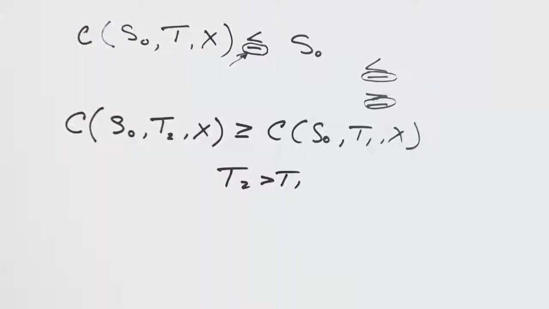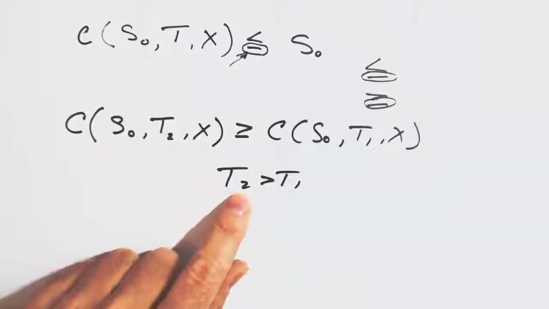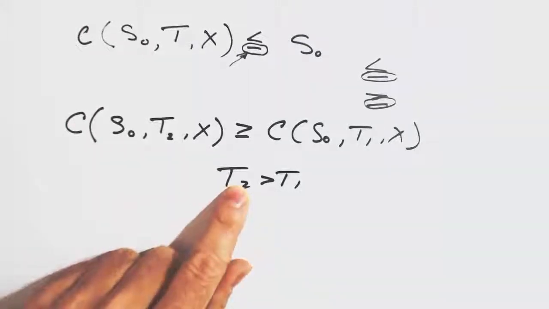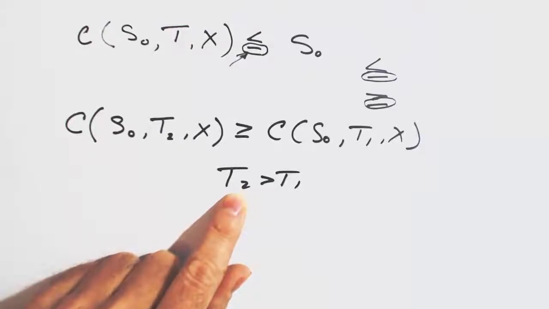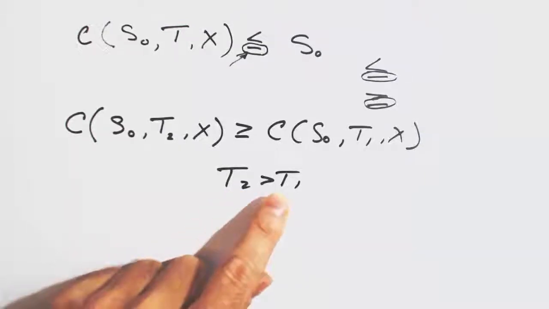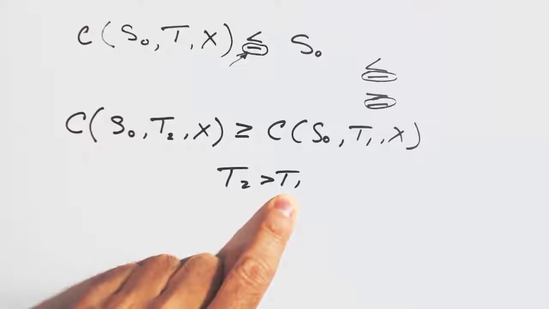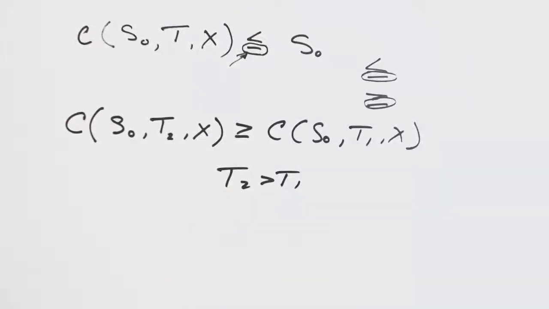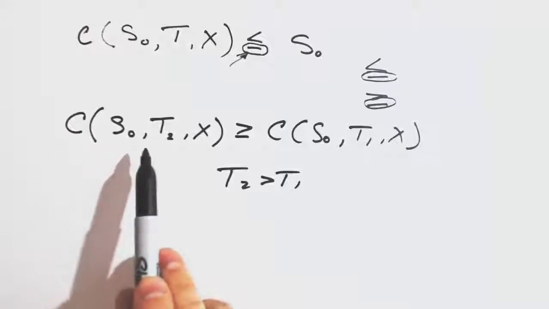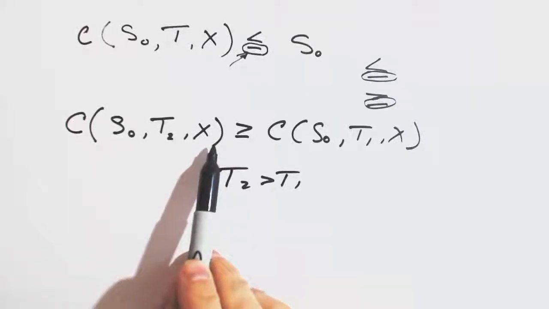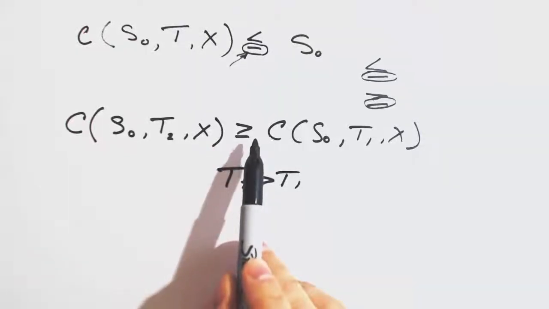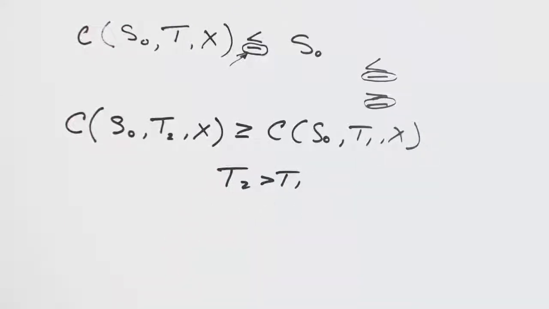We have this relationship, which basically says, look, if T2 is a longer maturity, say T2 is 1 year, and then T1 is an option with say 6 months till expiration. The 1 year option obviously has a longer expiration date. So what we're saying here is the value of the longer term option is greater than or equal to the value of the shorter lived option.